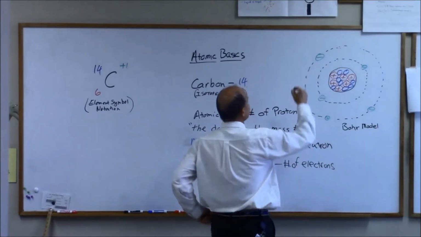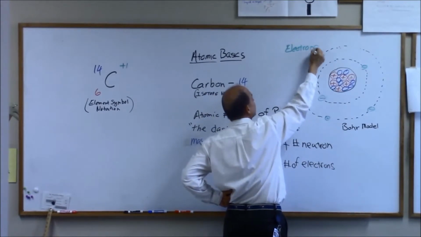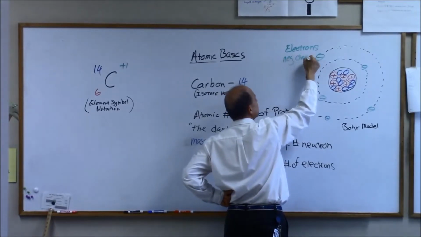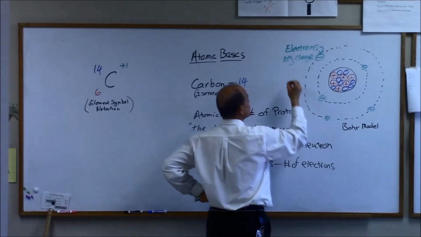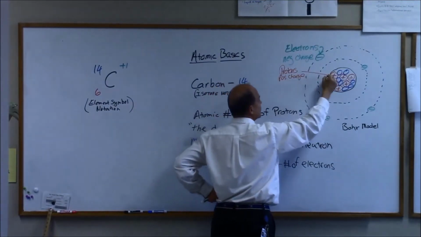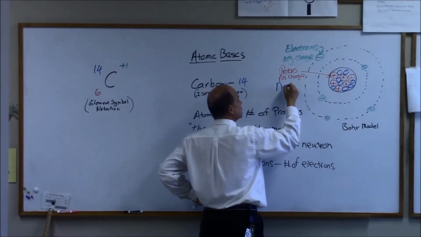What you might want to do right now is label these particles. Electrons with negative charge. Then we have protons with positive charge. And we have neutrons with no charge.